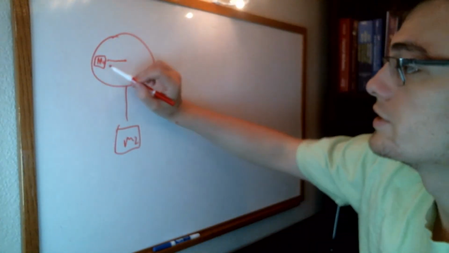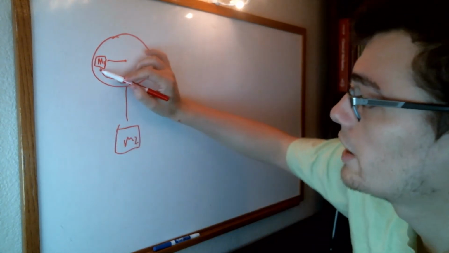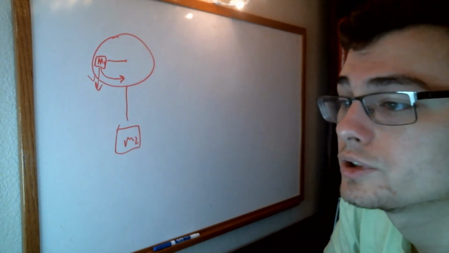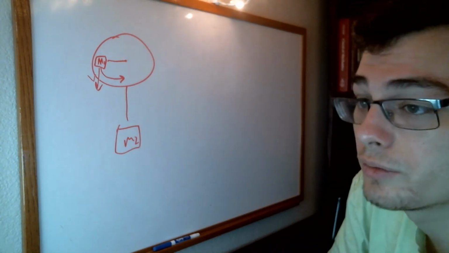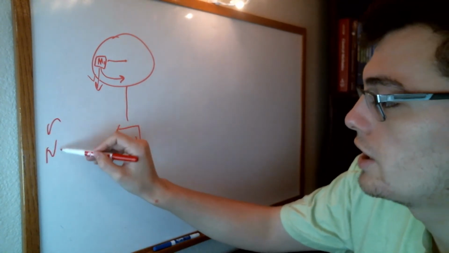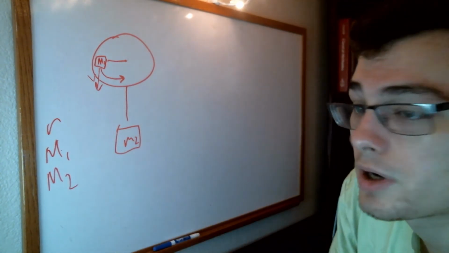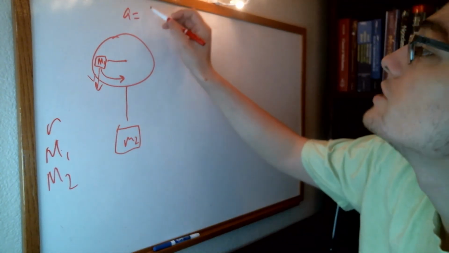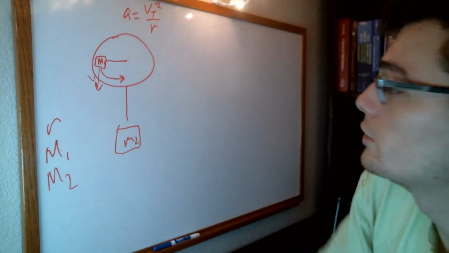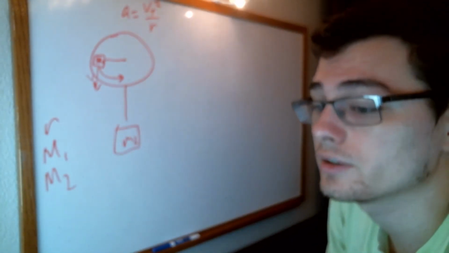And this is moving in that direction and has a V at every point perpendicular to the string. And so we are given R, M1 and M2 in this problem. We know that A is equal to VT squared over R, and we're looking for what V is here.